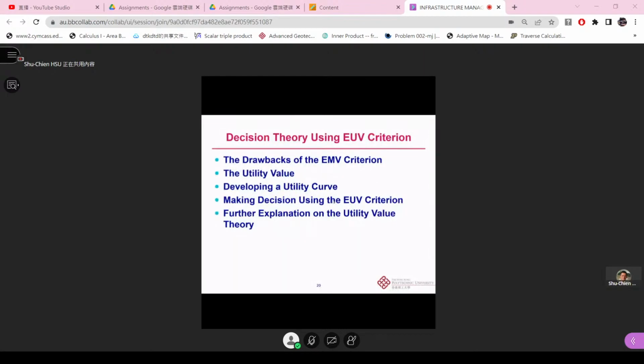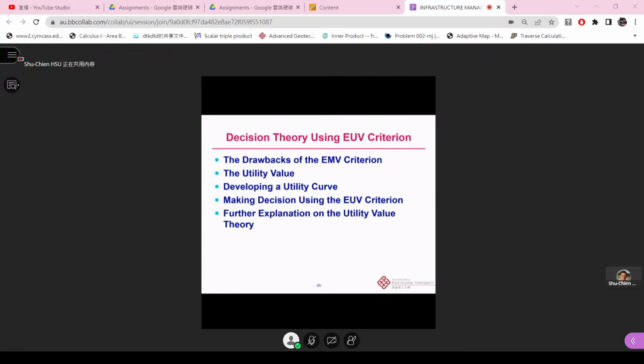For the further part, we are also going to talk about another technique which we call EUV. Before that, I would like to let you know that the EMV is easy to understand, easy to use, and very powerful and systematic for solving decision tree problems. However, there are still some drawbacks.